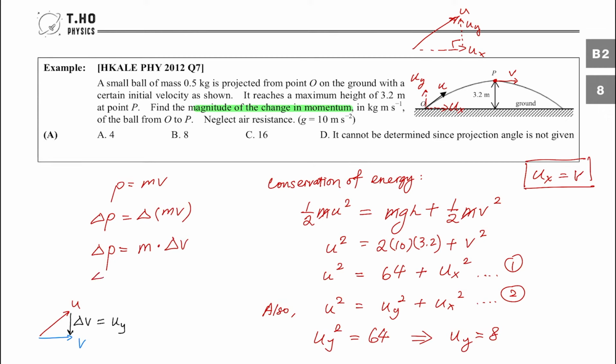This helps us to calculate the change in velocity and thus the change in momentum. The delta p will be given by m times uy, which is 0.5 times 8. So delta p is equal to 4 kg m s minus 1. Done. So therefore, the answer would be A.